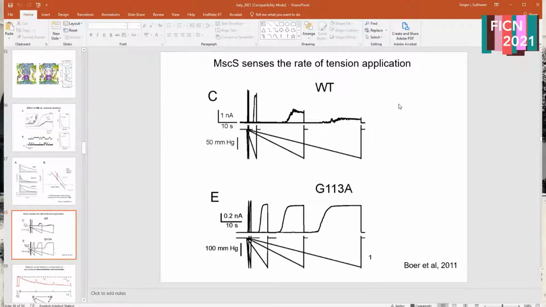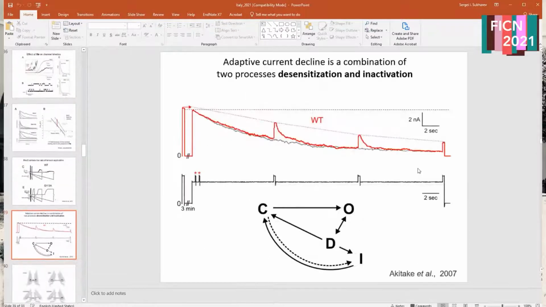So in other words, MscS figures out not only the amplitude of the stimulus, which is constant everywhere, but also the rate of application. It's the intrinsic property of the protein itself because G113A, the kink that breaks the TM3 helix, this mutant doesn't inactivate, or inactivates extremely sluggishly, so it's a very small fraction.